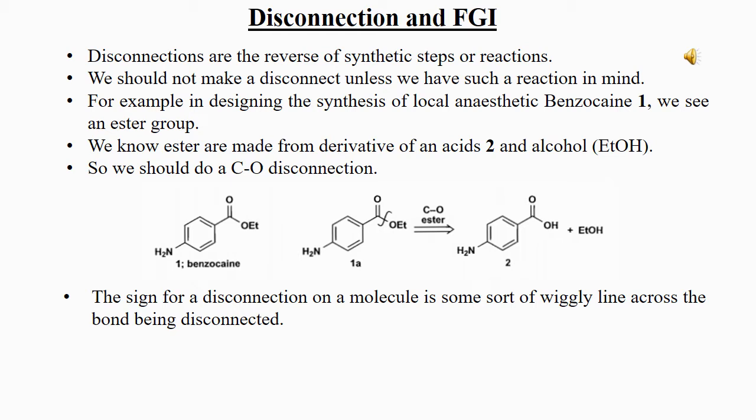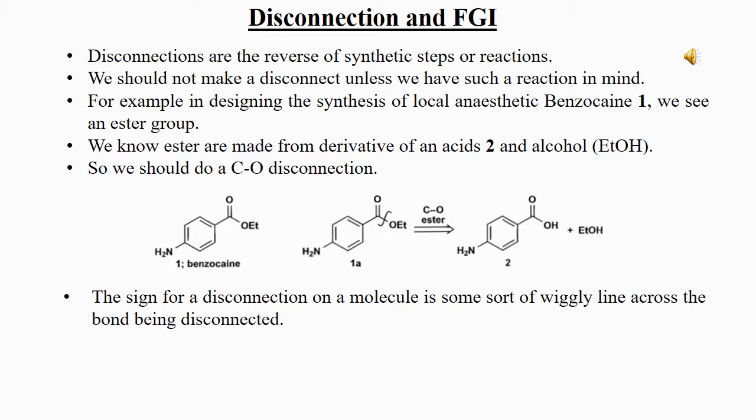In 1A we can see there is a wiggly line showing the disconnection, the bond between the carbonyl carbon and ethoxy oxygen, the carbon to oxygen bond is shown being broken. The wiggly line shows this bond is being disconnected.